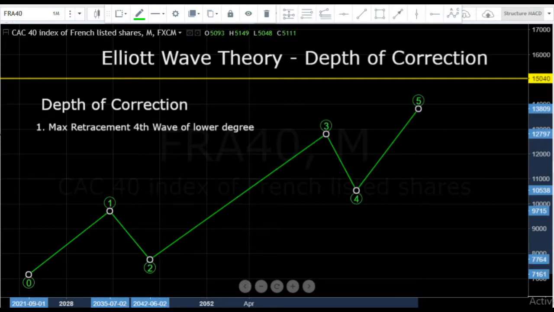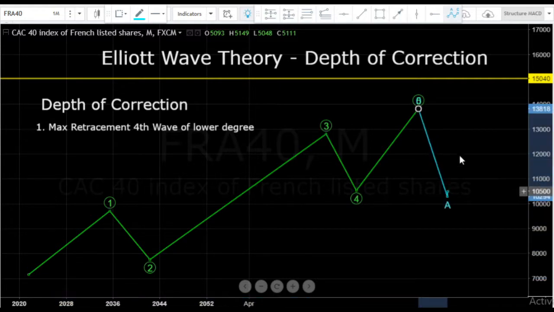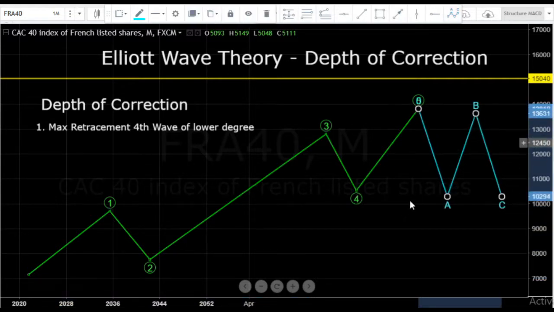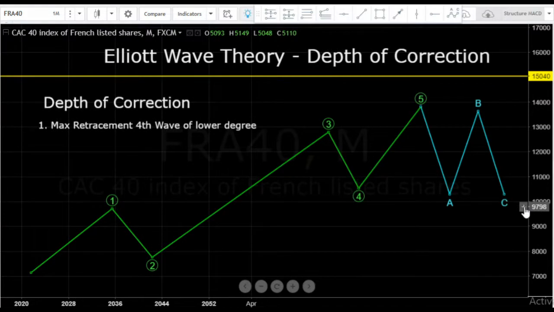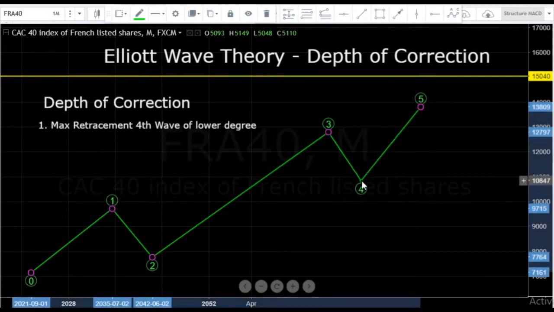And if we add in and make it a complete cycle, how deep would our ABC correction ordinarily come without a change of trend? This is just talking about one cycle, guys. So how deep should these ordinarily come? How deep should that come? How deep should 2 come? So Elliott gave us guidelines for these, but let's start with wave 4 here. So how deep can this come?